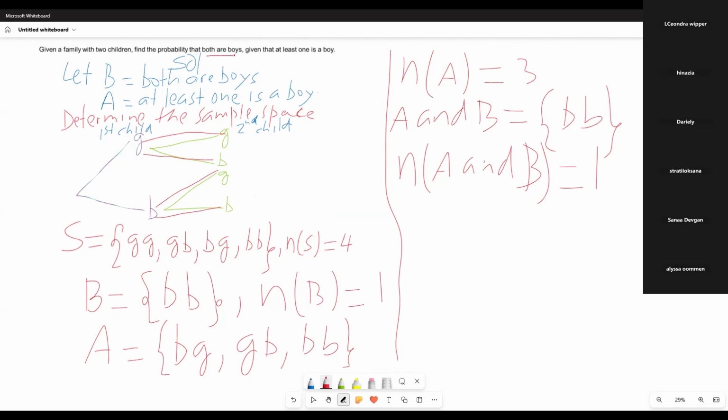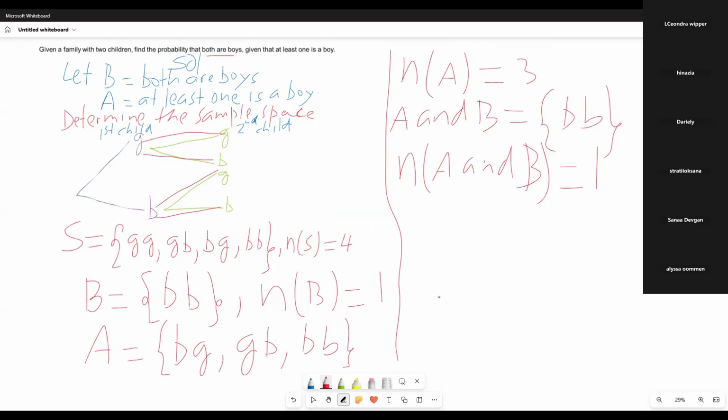Now, what they ask is to find the probability that both are boys. So remember, we use B for both are boys, and we use A for at least one is a boy.